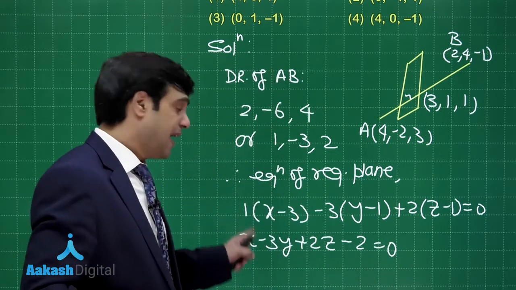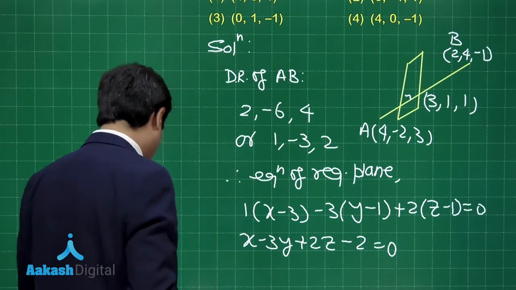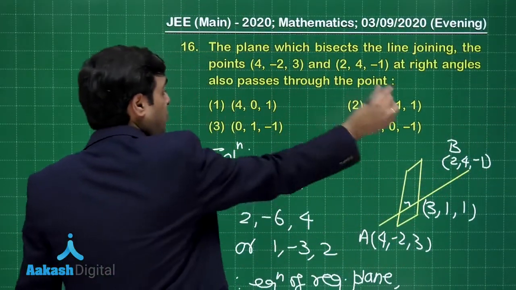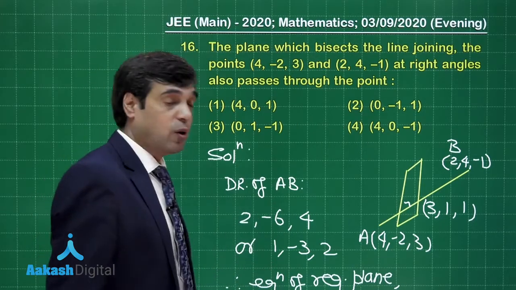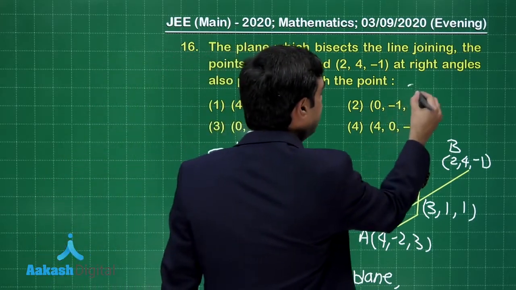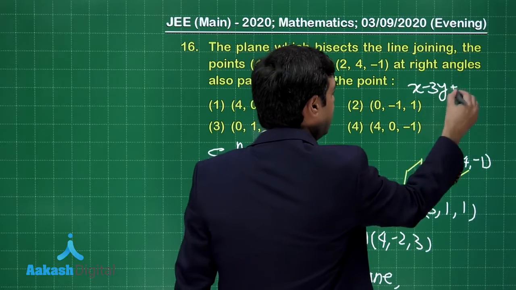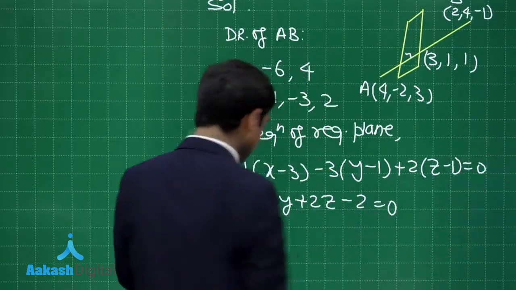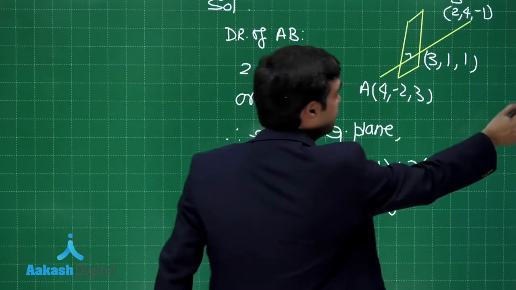So the plane is x minus 3y plus 2z minus 2 is equal to 0. We have to check which of the following points lie on this plane. Let's rewrite the plane here. x minus 3y plus 2z is equal to 2. Recheck. x minus 3y plus 2z minus 2.